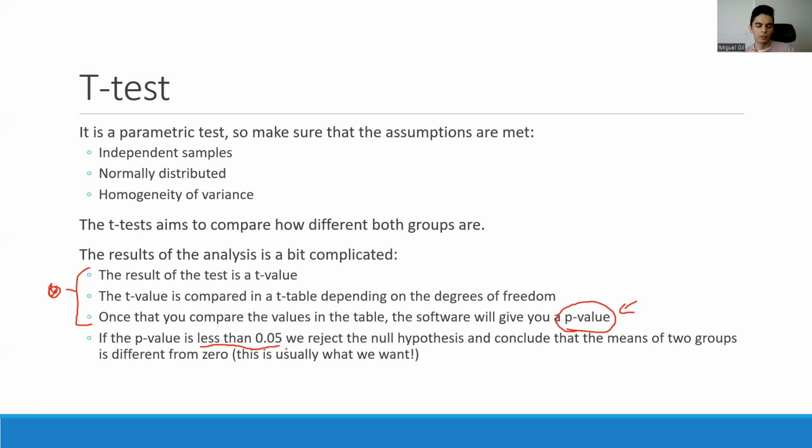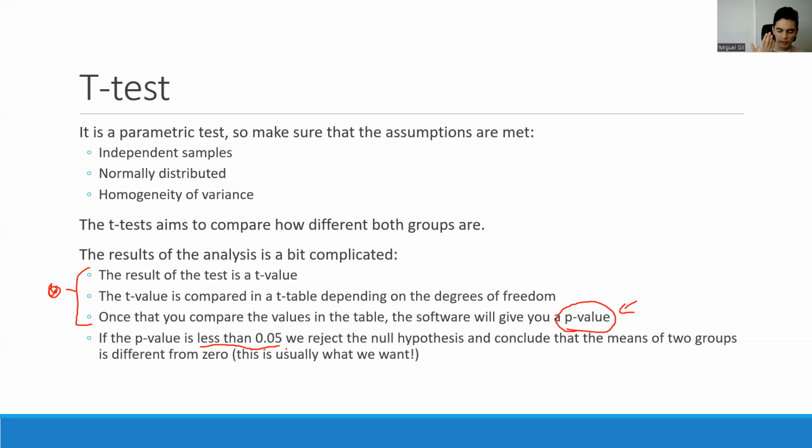So if you conclude with only the t-test that the diet had an effect, it has its limitations, because probably the people in that group also did other things, like maybe exercise, or maybe they drink more water or something like that. So those are the limitations of the t-test, but it's a good start.